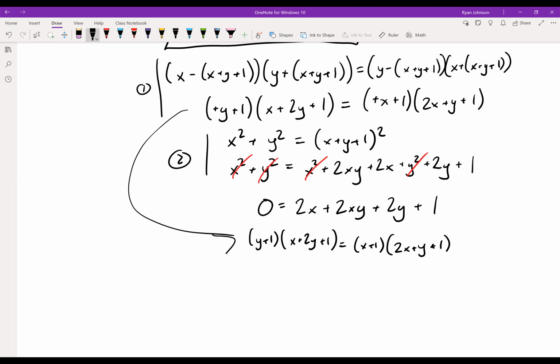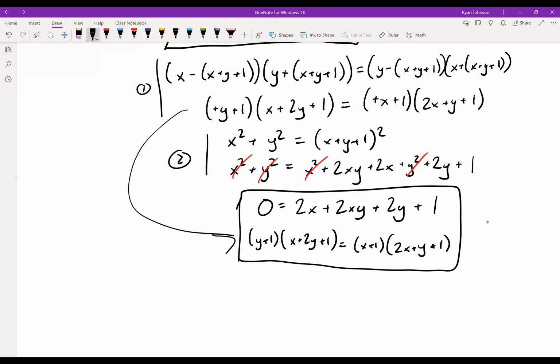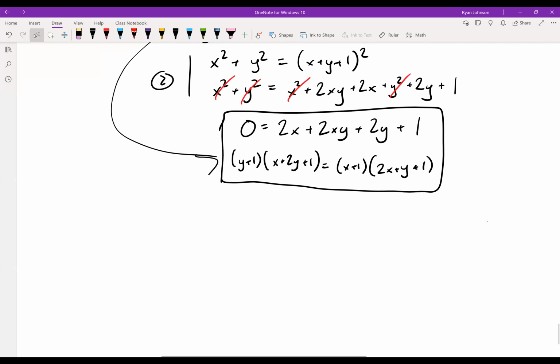Let's again stop and think. Yes, we have two equations and two unknowns. This is factored, but not in a way that's useful. So I need to expand it and then refactor. So let's combine all the terms. So we've got y times everything is yx plus 2y squared plus y.